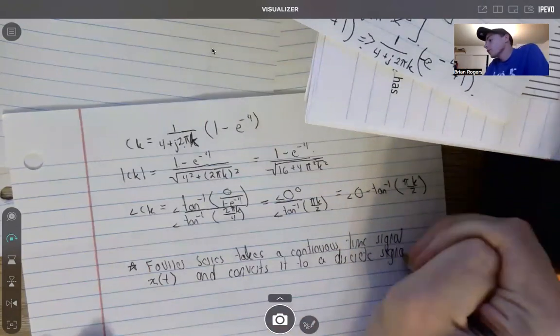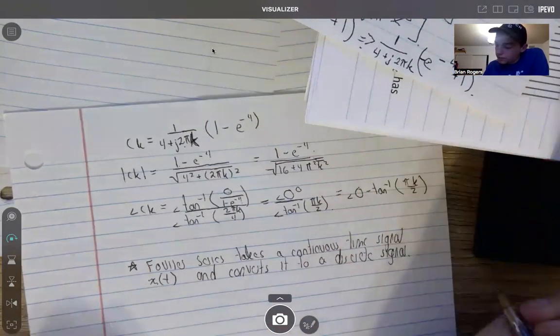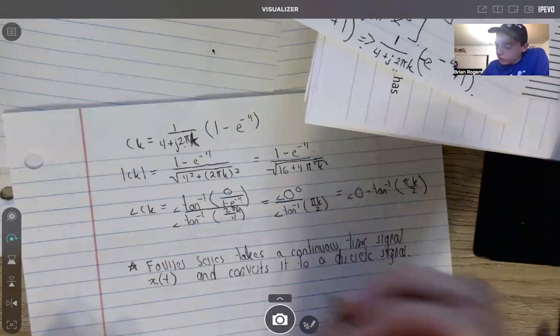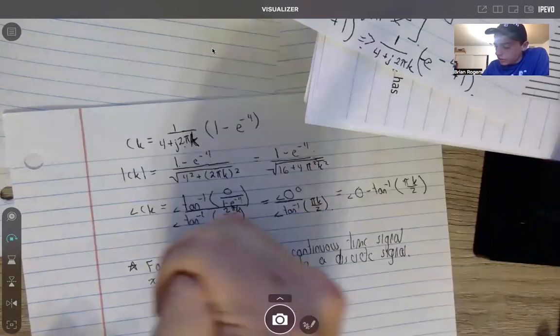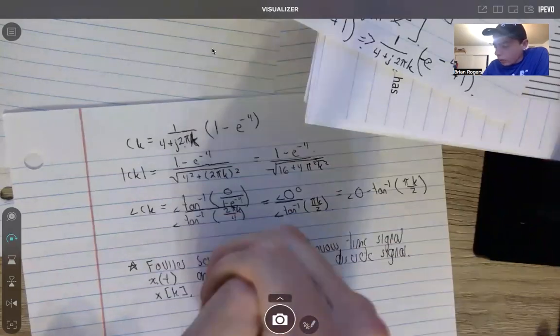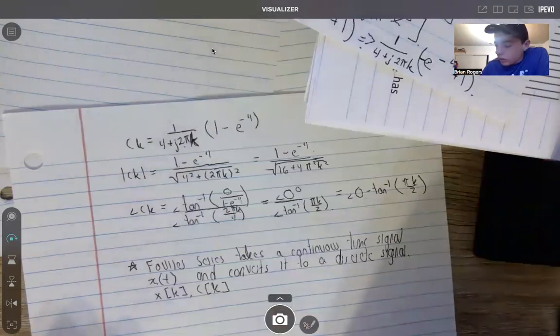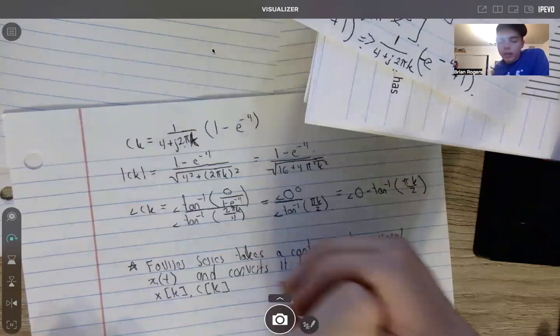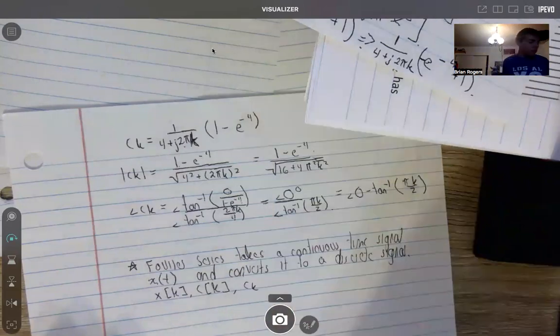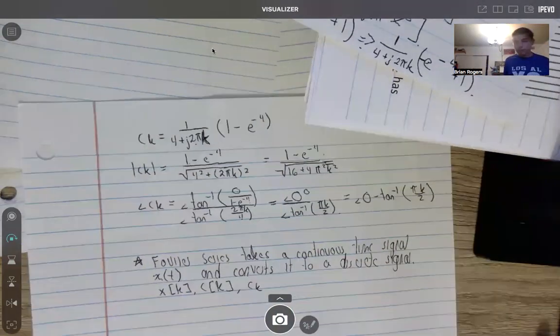So we're going to get something like x of k, or you can write it as c of k. Oftentimes they just say c of k, but you need to pick up on the fact that that's a discrete signal to look out for.